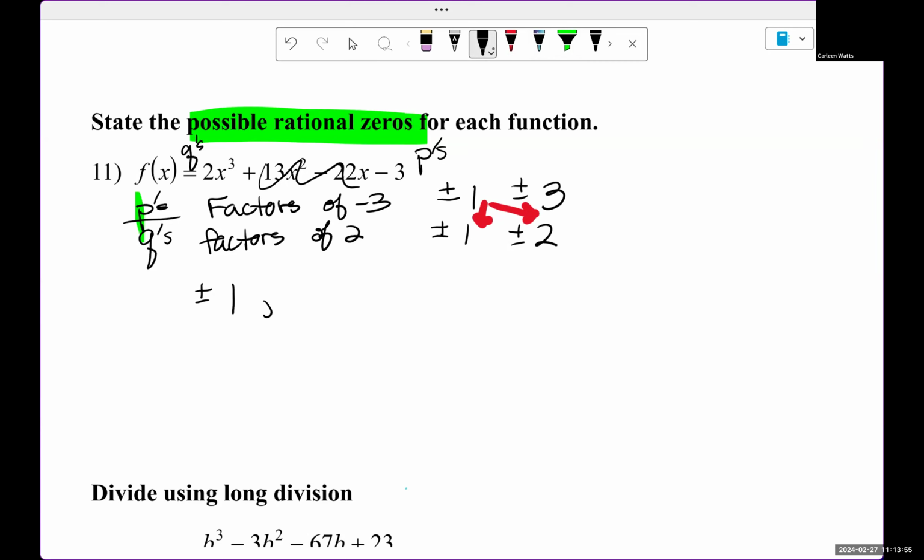And then plus or minus 1/2 is 1/2. When the red guy shook hands with the red arrows, I got 1/1 is 1 and 1/2 is 1/2. Okay.